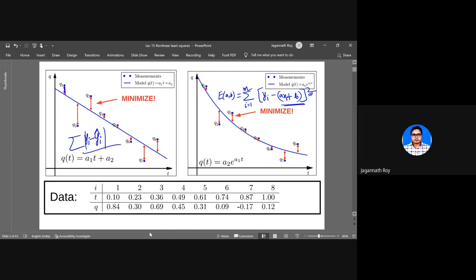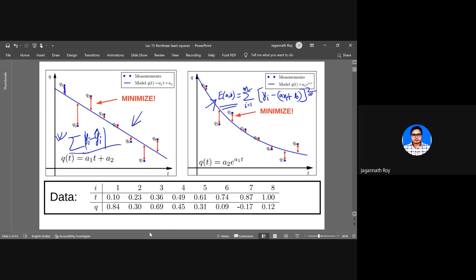Actually, statistically, depending on the situation, depending on the problem, sometimes this is preferred, sometimes that is preferred. There is no uniform theory that we should only consider this one. One can take the absolute values also.